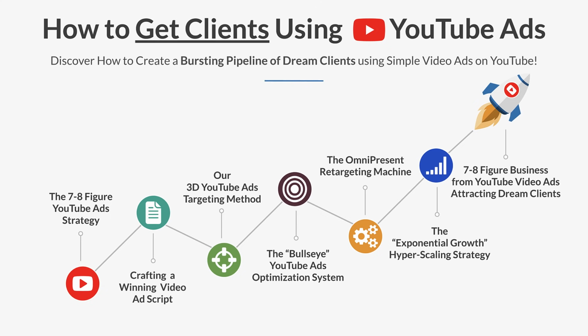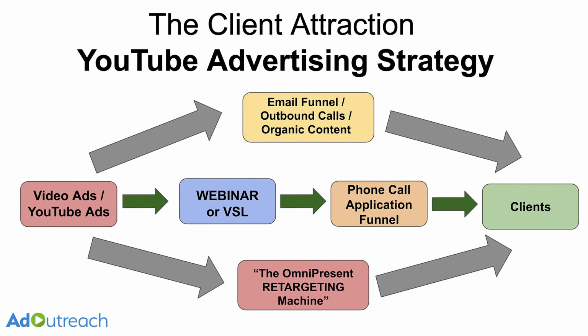All of this comes together to build a 7 or 8 figure client-based business using YouTube video ads that attract your dream clients. So that's what we're going to be getting into today: the client attraction YouTube advertising strategy.